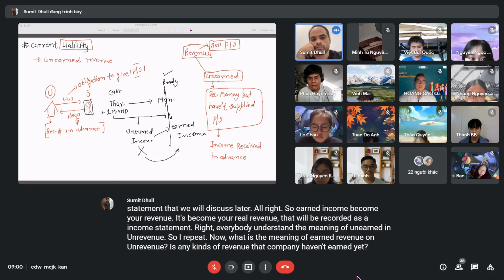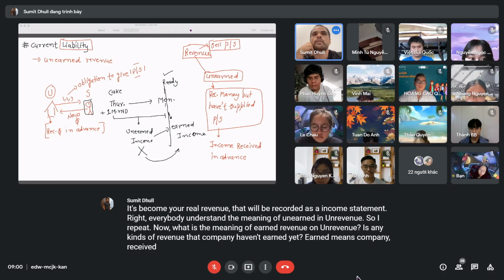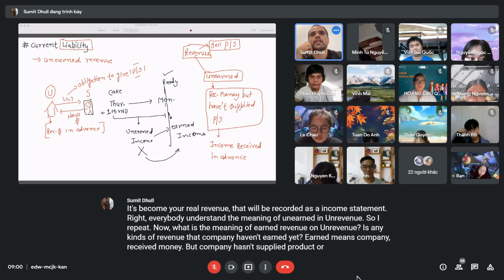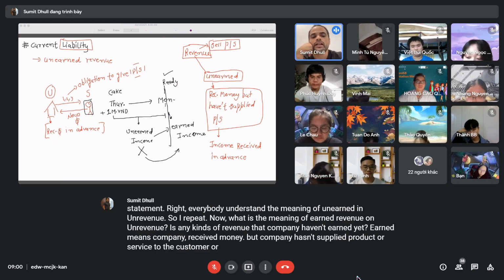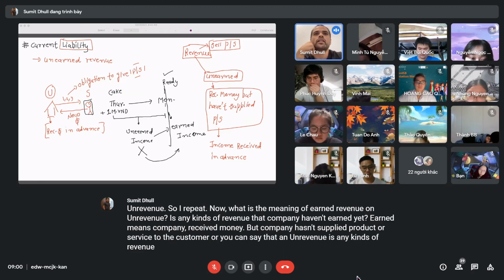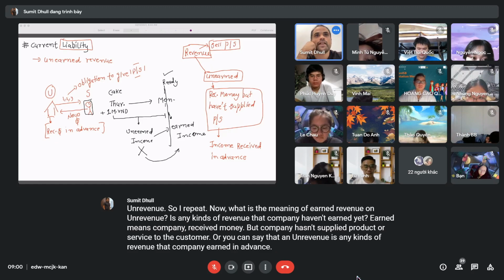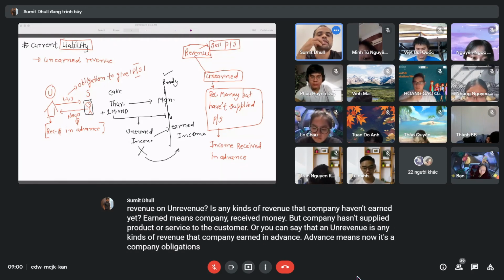Unearned means the company received money, but the company hasn't supplied the product or service to the customer. Or you can say that unearned revenue is any kind of revenue that the company received in advance. Advance means now it's the company's obligation to supply that product and service to the customer.